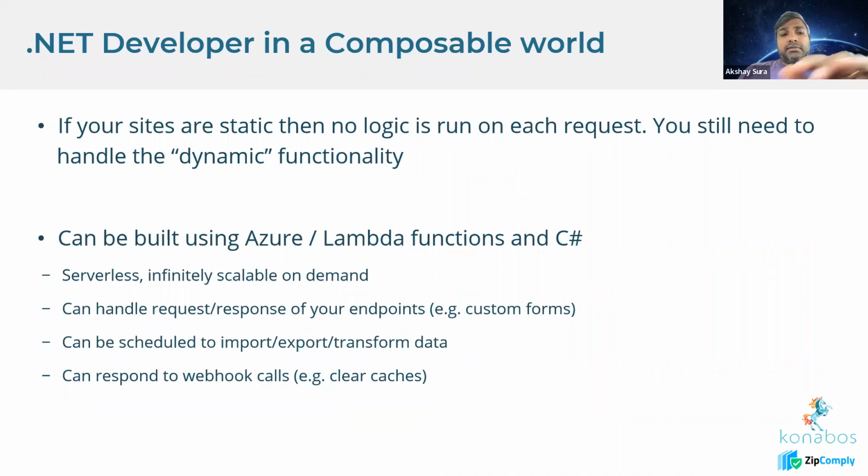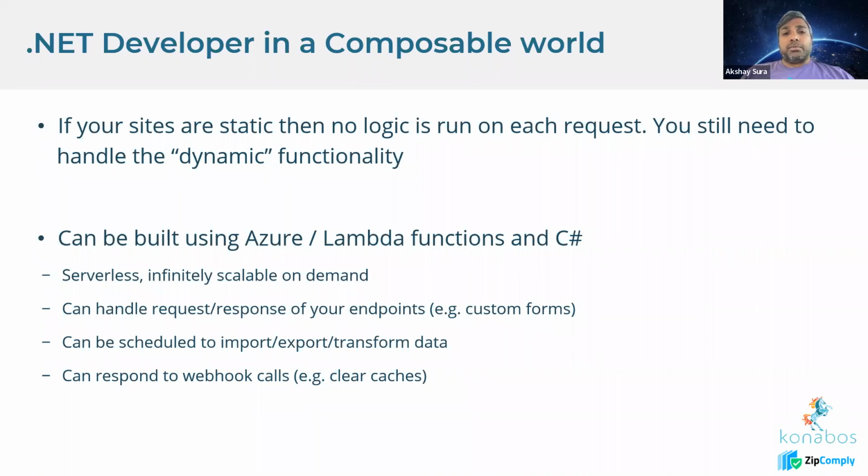Now, you can write serverless functions in a lot of things. For instance, we primarily use Azure Functions just because it's .NET. We could also do PowerShell functions and other kinds of functions. But you can also do serverless functions in other technologies.